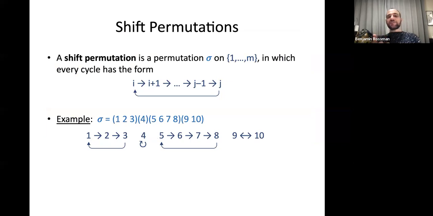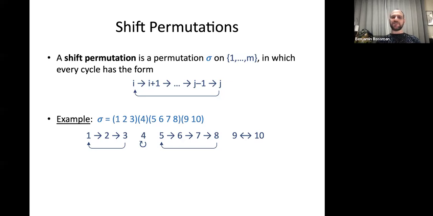Now we're interested in the same question, but we're going to restrict ourselves to a certain type of permutation. We're not going to allow any reordering of the rows, but only reorderings according to a certain class of permutations called shift permutations. These are permutations where every cycle is a cyclic shift of some consecutive sequence of intervals.